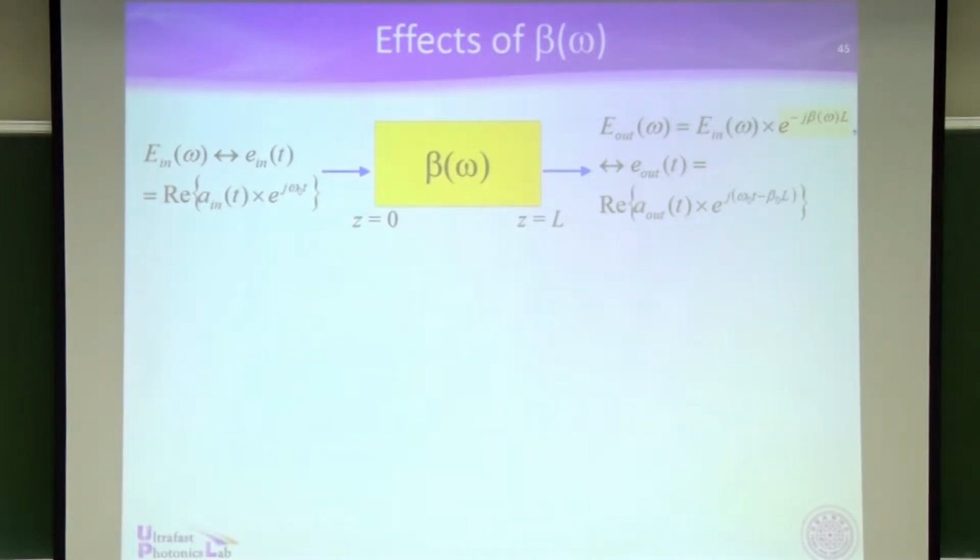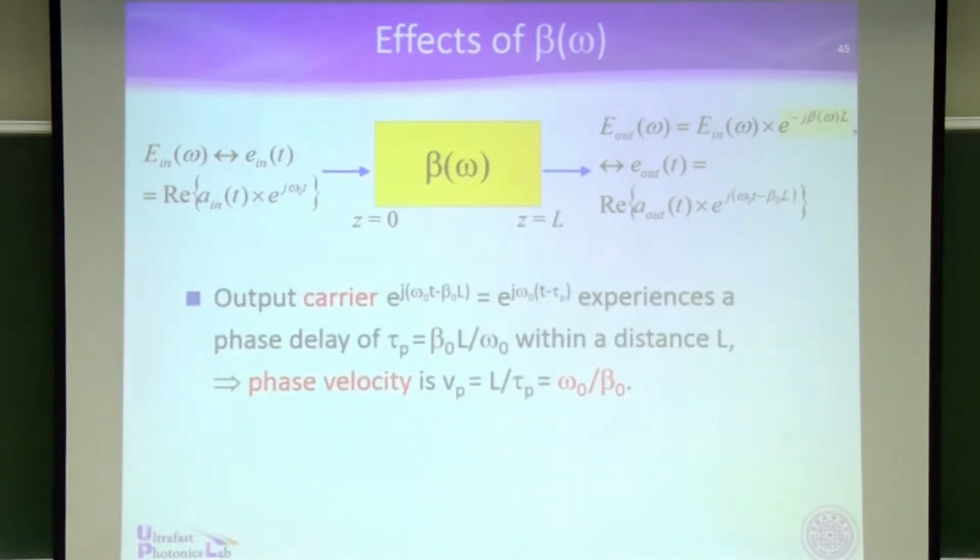But what about the corresponding electric field as the output? It's like this. The electric field as the output equals the real part of a new envelope function times a new carrier function. But be careful, your output carrier is this, different from your input carrier. In addition to omega 0 t, which both have in common, you have an extra term, minus beta 0 times L. And that's what I need to elucidate.